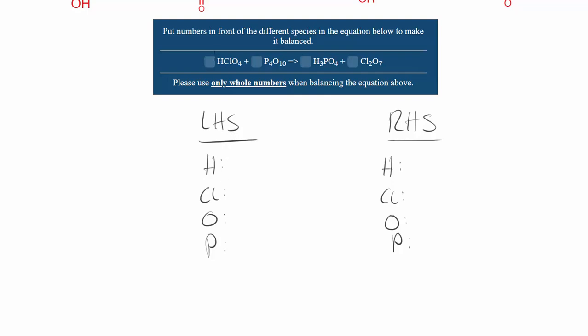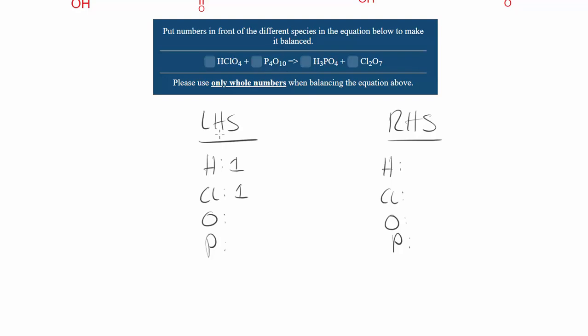So for hydrogen, you can see it occurs in this species, the perchloric acid, so it's going to be 1, right? Chlorine, you can see again it only occurs in the perchloric acid. We're going to put a 1, right? And for the oxygen, this occurs in both species, in the perchloric acid and also in the phosphorus pentoxide.